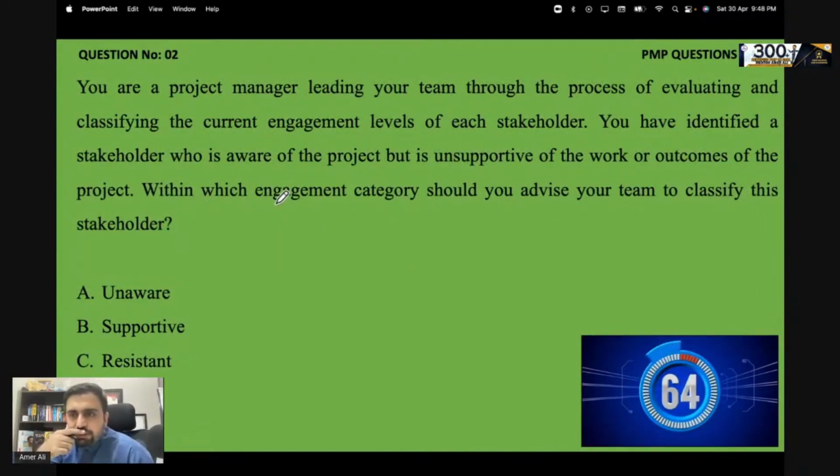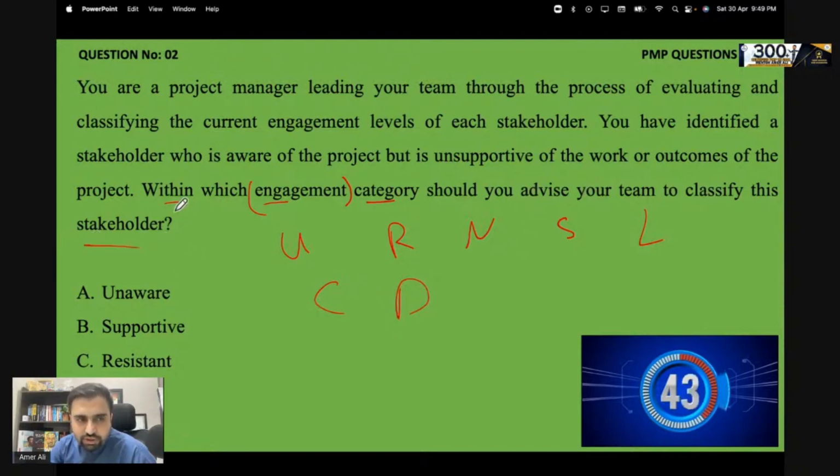Within which engagement strategy should you advise your team to classify this stakeholder? Now the question is asking for the engagement strategy. We know that in engagement strategy we have unaware, resistant, neutral, supportive, and leading, and we have current engagement level and desired. You are a project manager leading your team through a process of evaluating and classifying the current engagement level of each stakeholder.